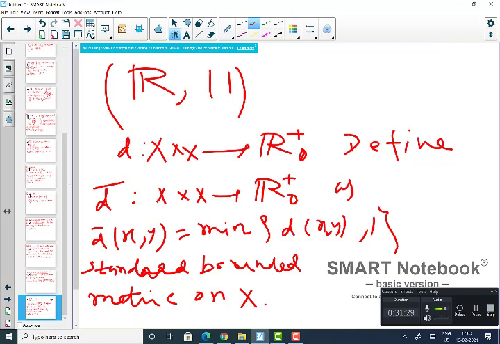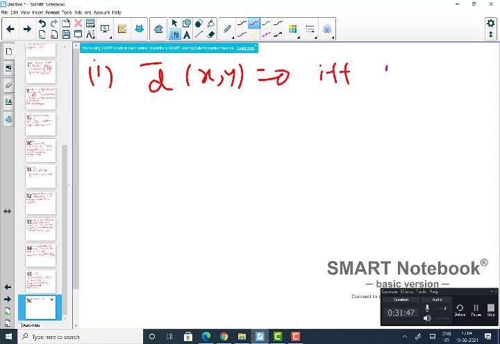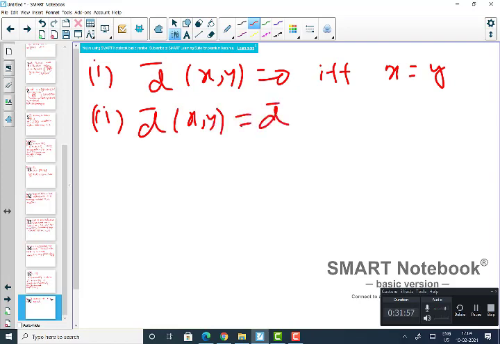So how do we prove this d bar is also a metric? The first two properties are easy. Property 1 and property 2 are trivial: you can easily check that d bar is 0 if and only if x equals y, and number 2 is the symmetry property. This is also trivial, so just check it at home.